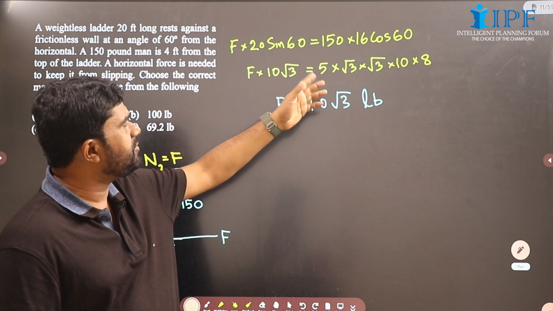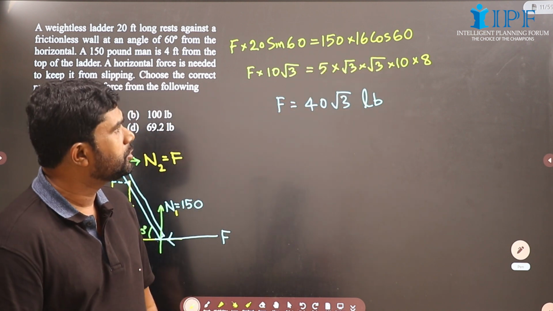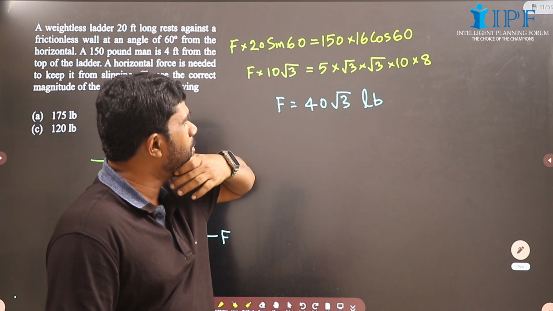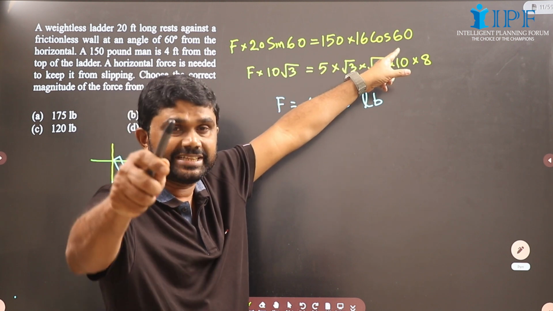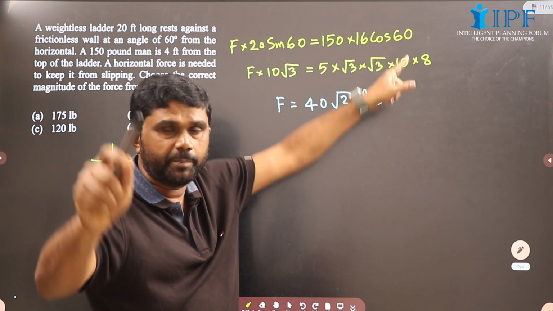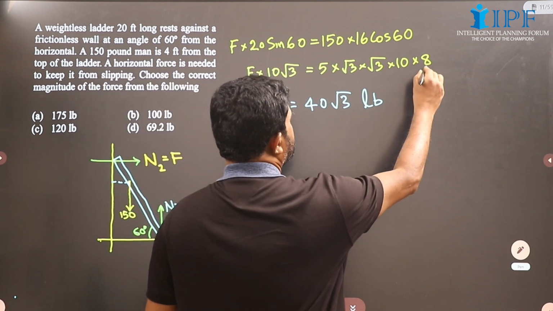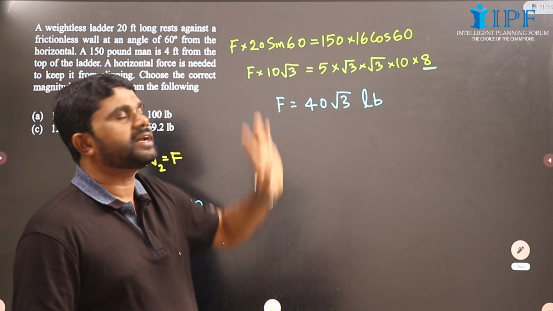And on the right side we have 150, and cos 60 will be 1 by 2. 16 into cos 60, that is 16 into 1 by 2, is equal to 8. That 8 I have written here. Next we have 150.